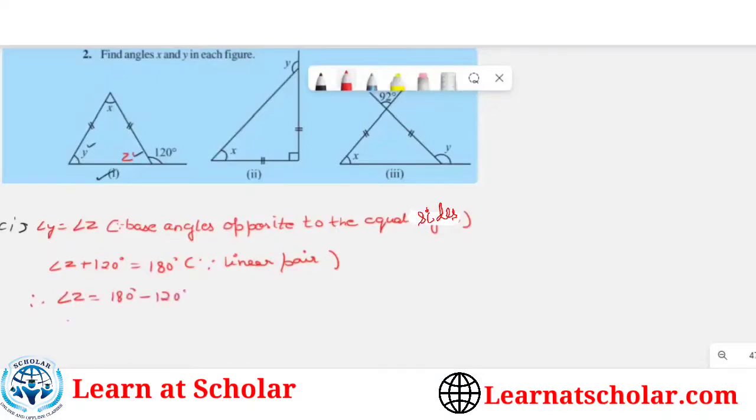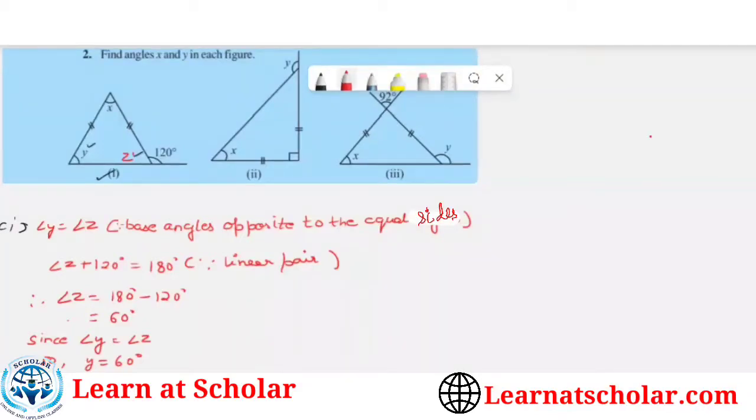So we will solve and we will get the value of z. Angle z is equal to 60 degrees. Since y is equal to z, because two sides are equal, opposite angles are equal, so y will also be equal to z. So we have found the value of y and z.